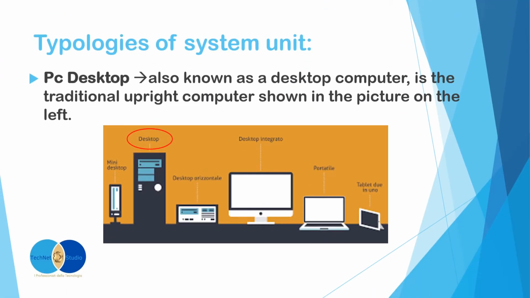Well, now we will define the different typologies of system unit. Indeed, we can speak about a PC desktop, which is also known as a desktop computer, and is the traditional upright computer shown in the picture on the left.